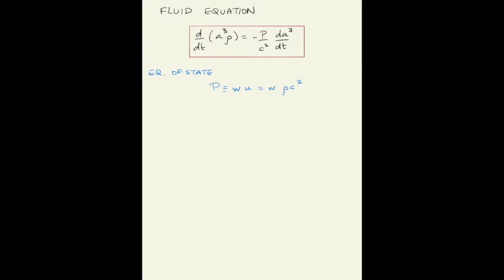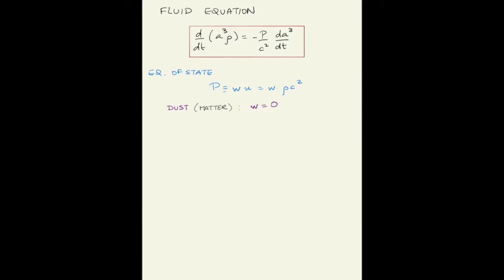We already saw that for dust, that means either matter or dark matter, there is no pressure. So for dust, including dark matter, you have w equal to 0. Now, if you plug w equal to 0 in the fluid equation, you're canceling the right-hand side.